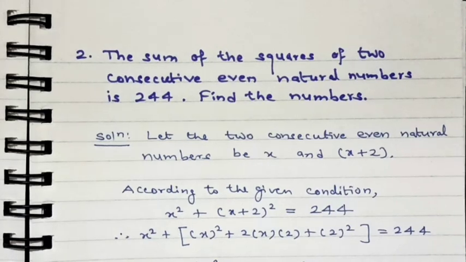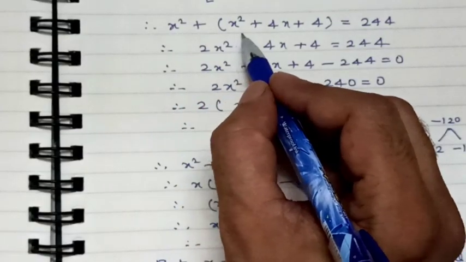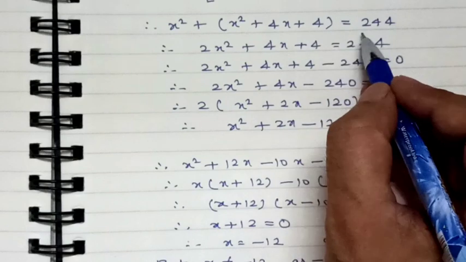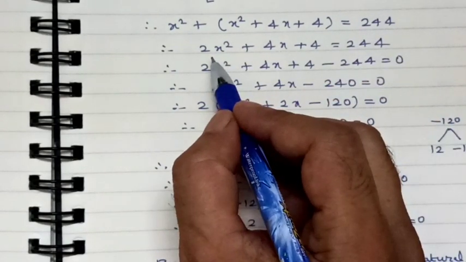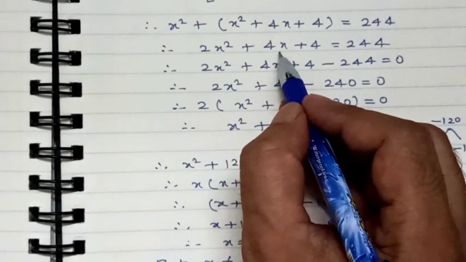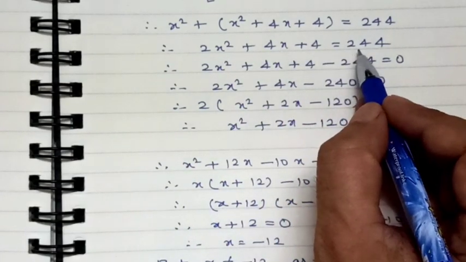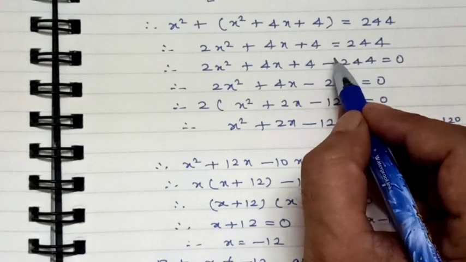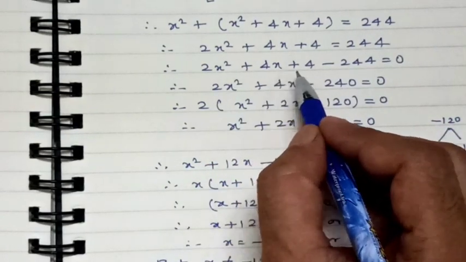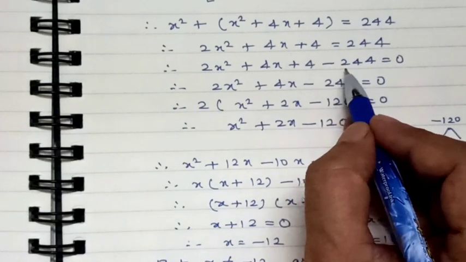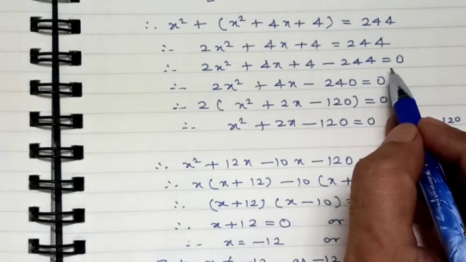Therefore x square plus 4x plus 4 is equal to 244. When you add that, you will be getting 2x square plus 4x plus 4 is equal to 244. Take 244 this side, you will be getting 2x square plus 4x plus 4 minus 244 is equal to 0.